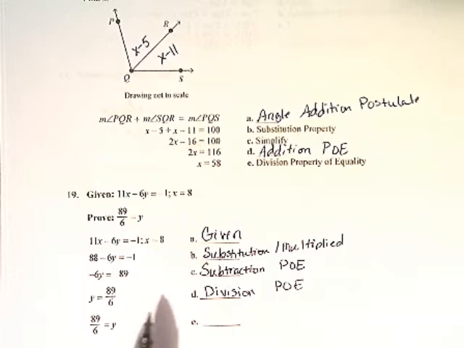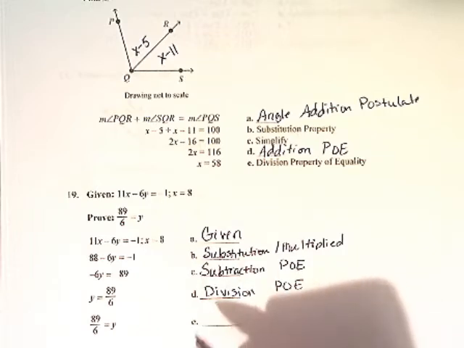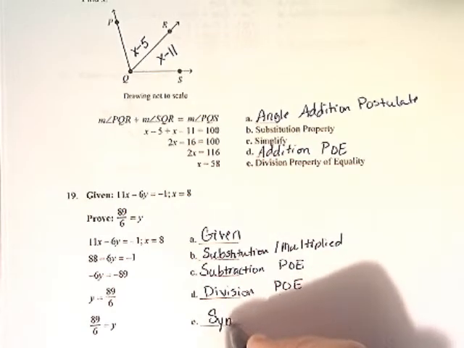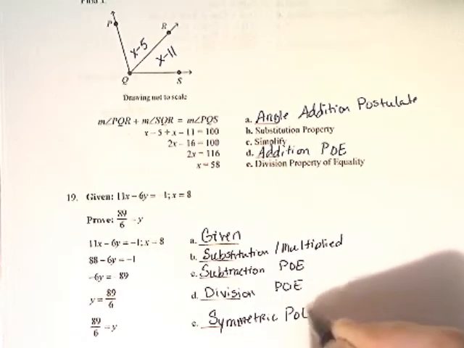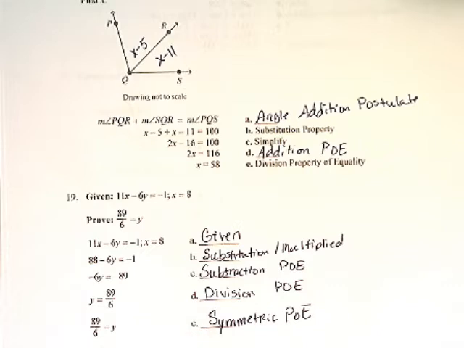Now, it's not the reflexive property. What they've done is they've used the symmetric property, because they have just reversed it. If it was reflexive, you'd have y equals y, or 89 over 6 equals 89 over 6. But since they used these two and they flipped them around, it's the symmetric property.